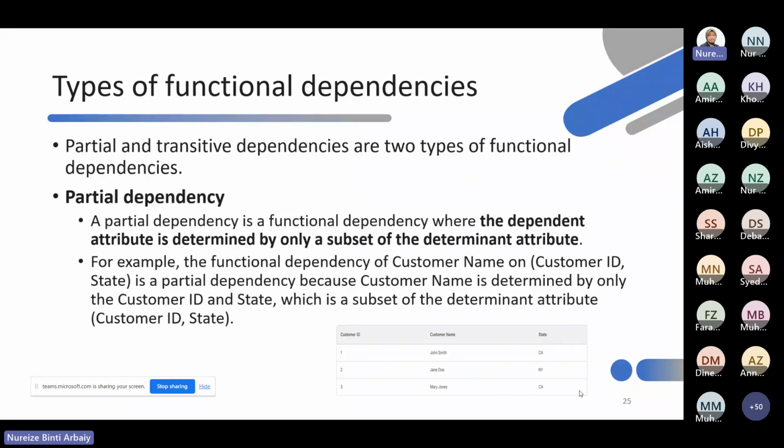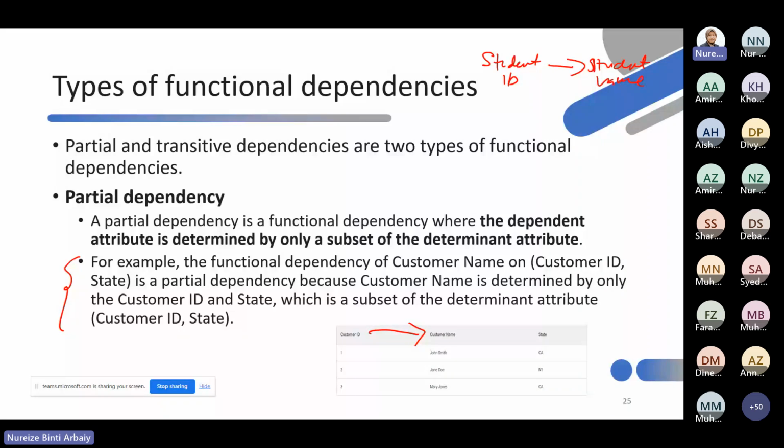It means that, like, student ID identifies the student name. Okay. So like this, customer ID identifies the customer name. So this explanation is quite challenging to understand.